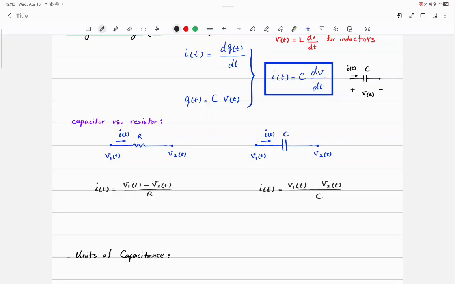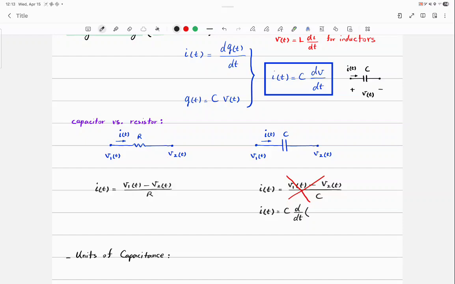No. Ohm's law doesn't apply to capacitors, okay? The one that you've written is Ohm's law, and it's wrong. So what's the correct equation? I_T is equal to C times the derivative of, what is the voltage?